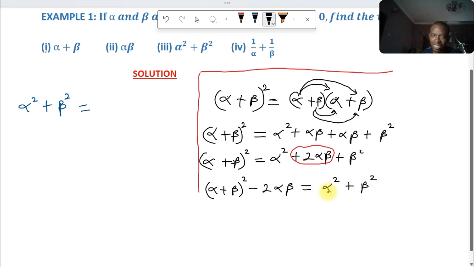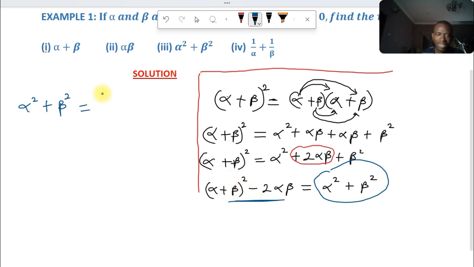So we can see that alpha squared plus beta squared is equal to this. Therefore I will come back to this place and write alpha squared plus beta squared equals alpha plus beta all squared minus 2 alpha beta. Is that okay?